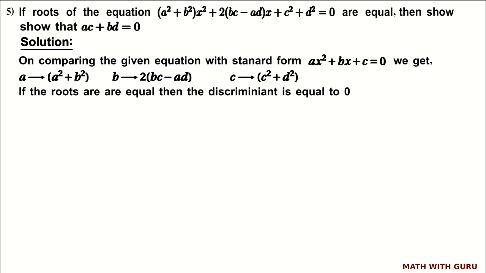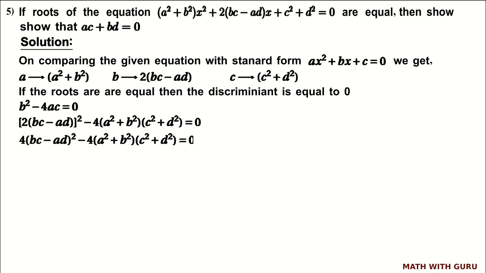If the roots are equal, then the discriminant must be equal to 0. Therefore, b squared minus 4ac equals 0. That is, 2 into (bc minus ad) whole squared minus 4 into (a squared plus b squared) into (c squared plus d squared) equals 0.